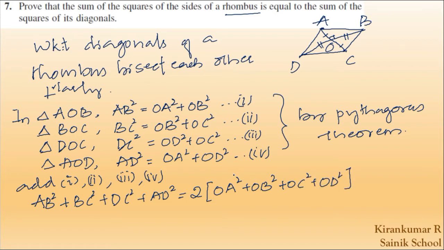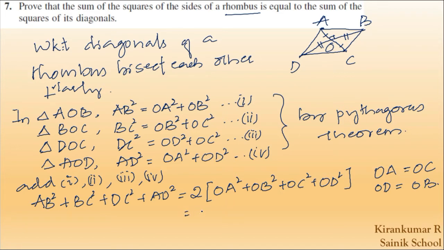What is the sum of OA square plus OC square? OA and OC, they are equal because the diagonals bisect each other. So OA equal to OC and OD will be equal to OB.